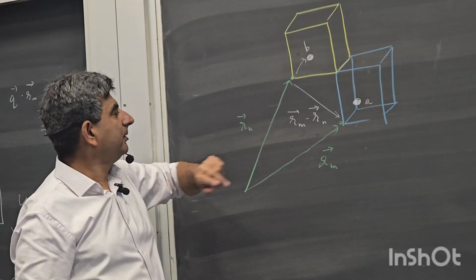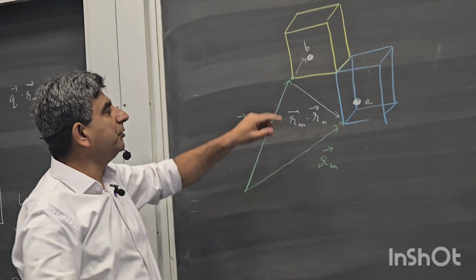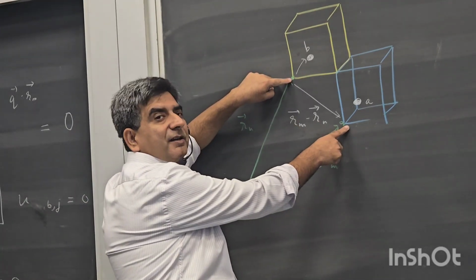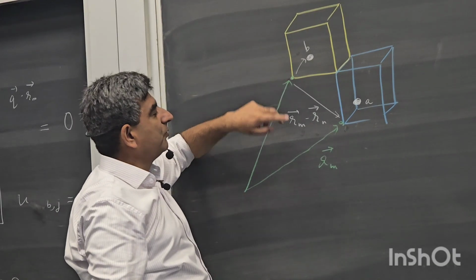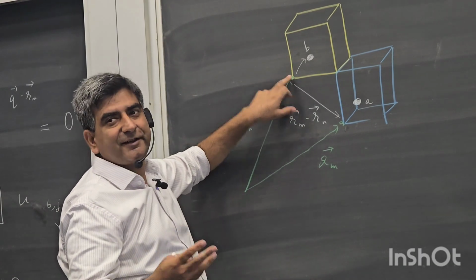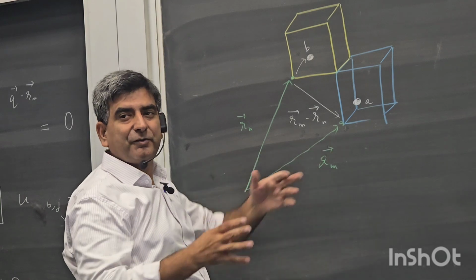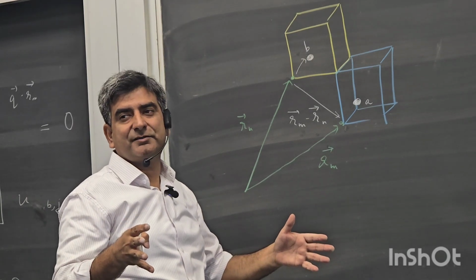Okay, so the result only depends upon how far apart are these unit cells. It does not depend upon what N you take, and it does not depend upon what M you take. It only depends upon how far they are apart.